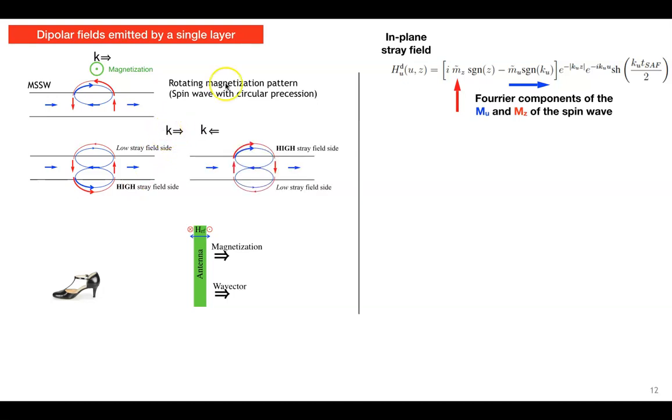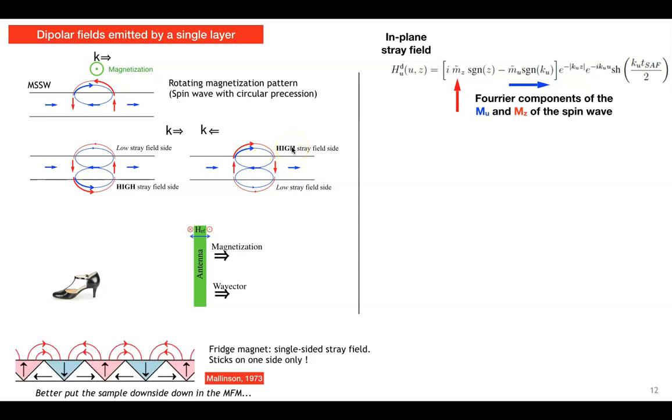If you make the same drawing for negative wave vectors, what you will see is that the high stray field side and the low stray field side get inverted. And in fact, this is a situation that you all know, because I guess at your home you have fridge magnets.